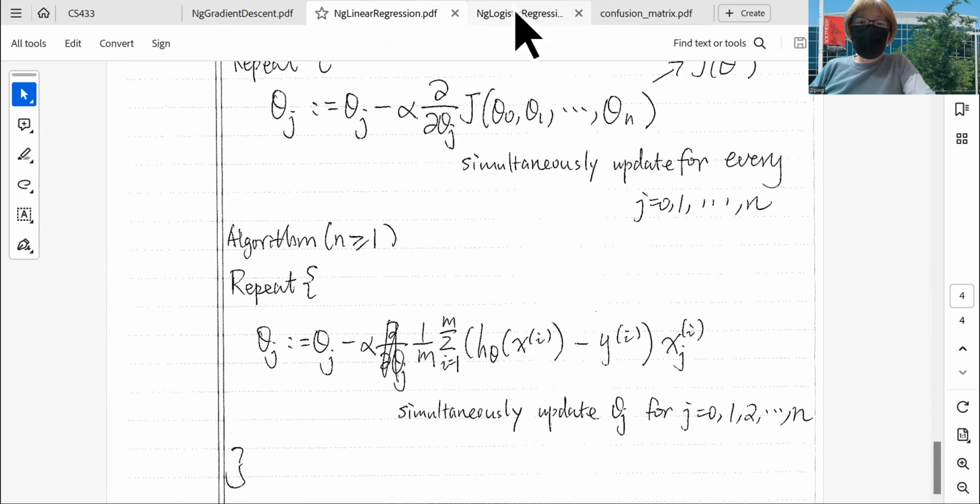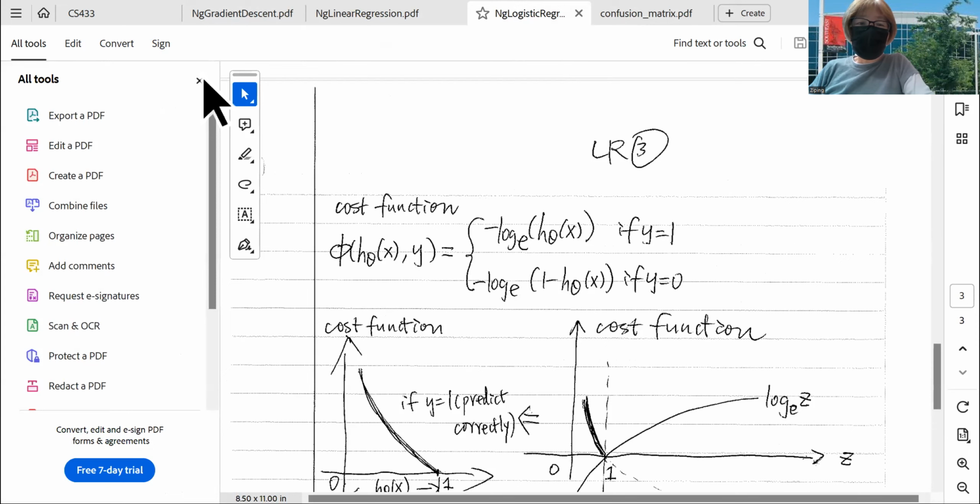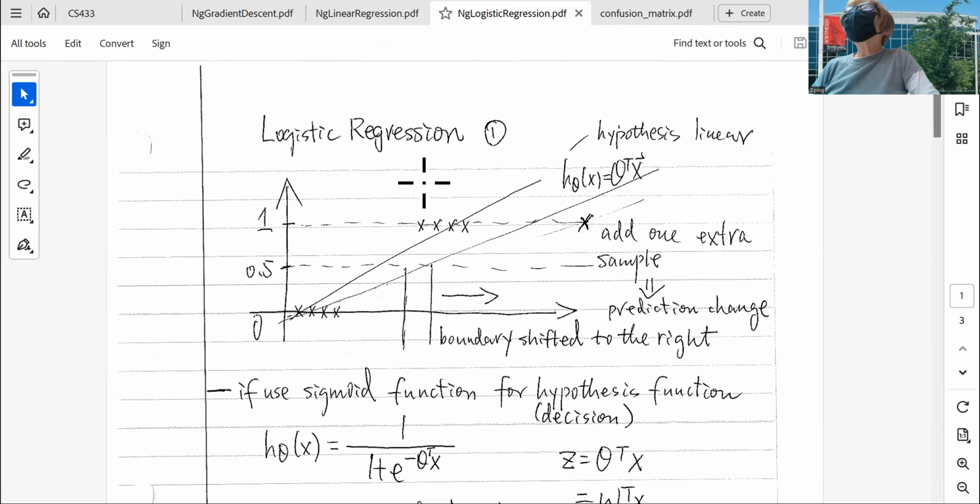So now, let's take a look at logistic regression. So what is the concept for logistic regression? If you recall, for Adaline, this is the hypothesis.